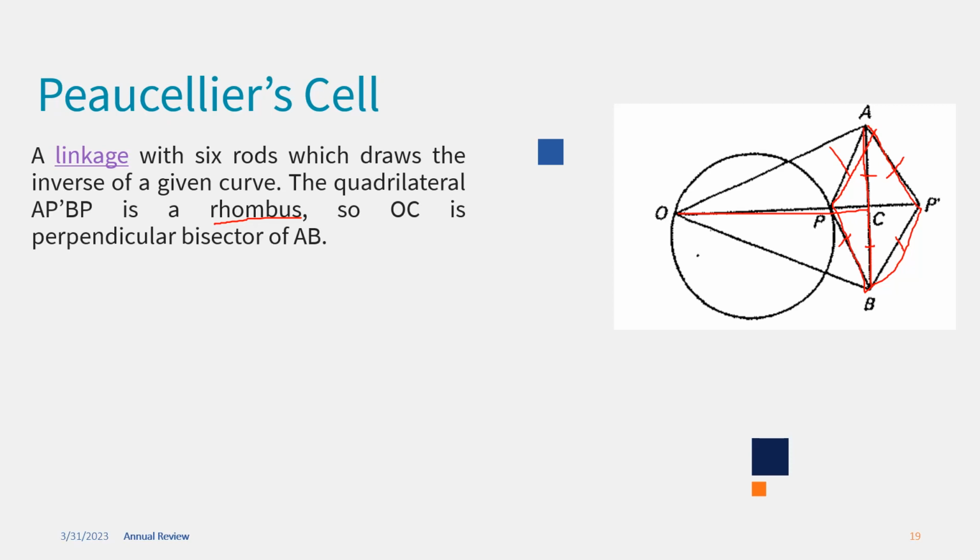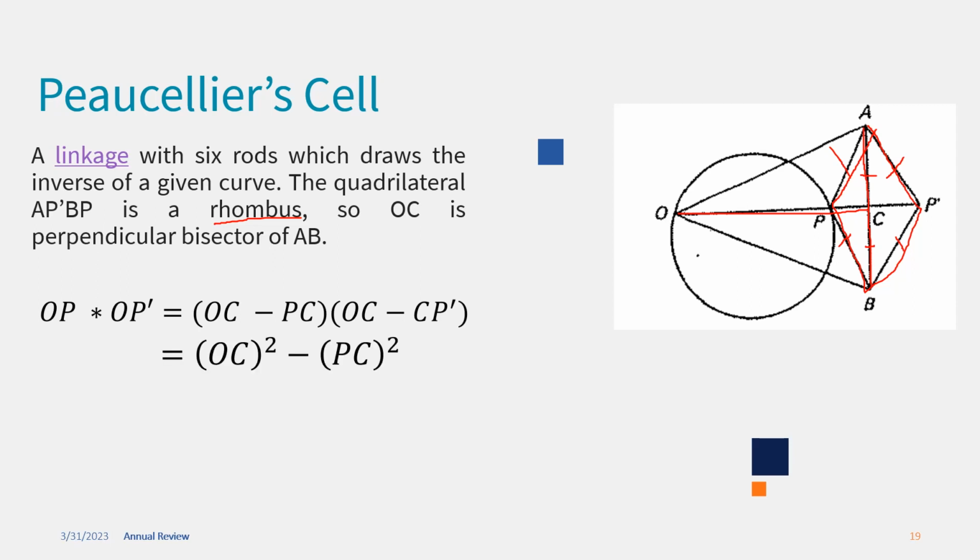If we put it in an equation, OP times OP prime is equal to the quantity OC minus PC times the quantity OC plus CP prime.